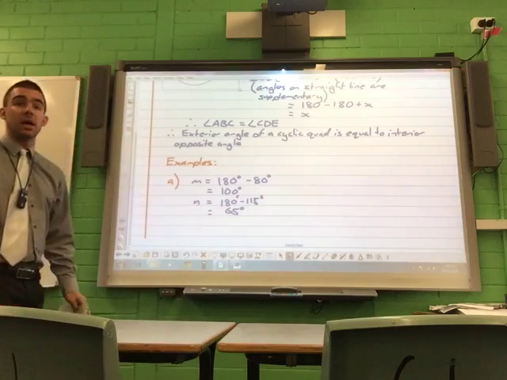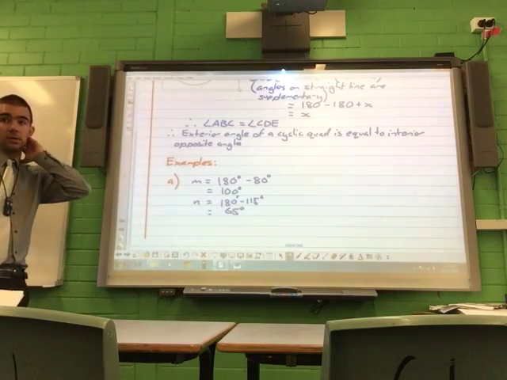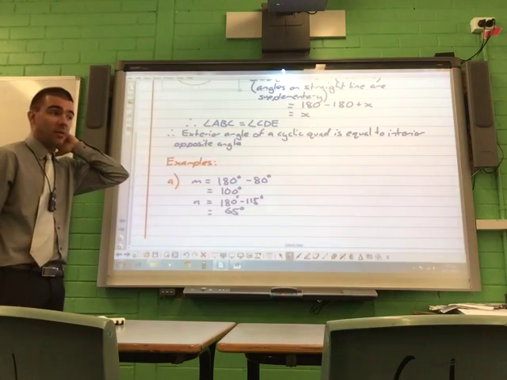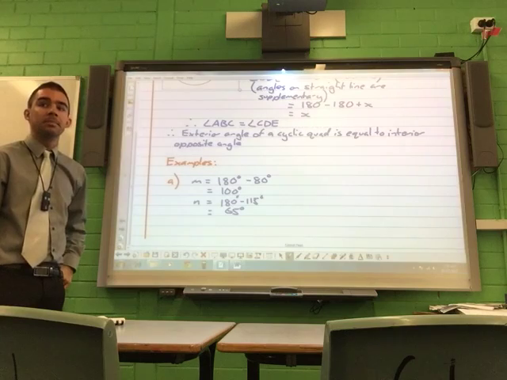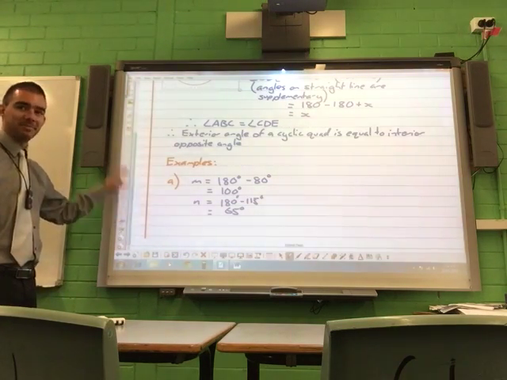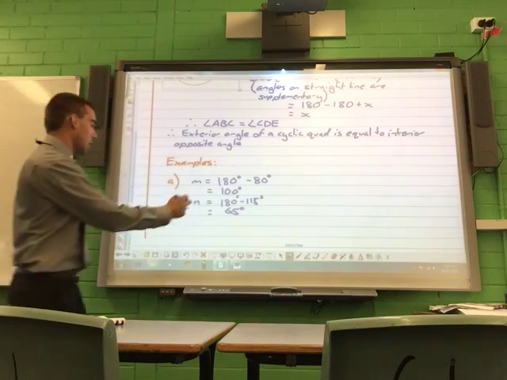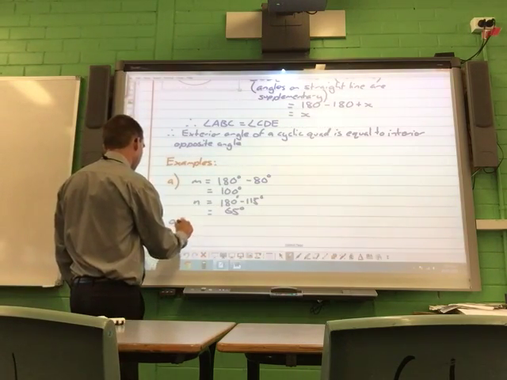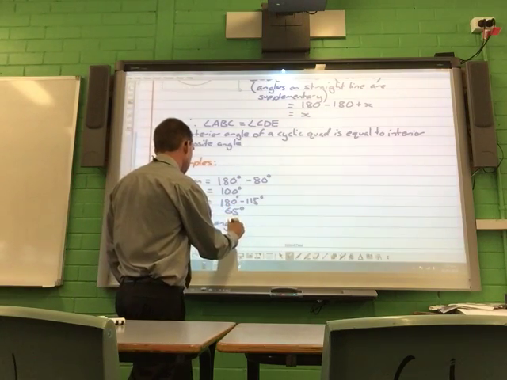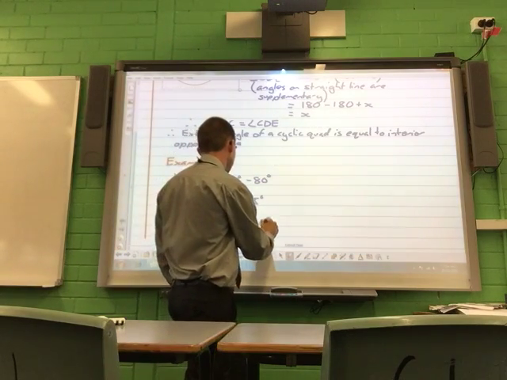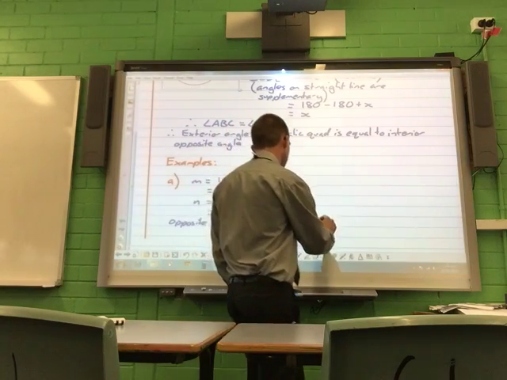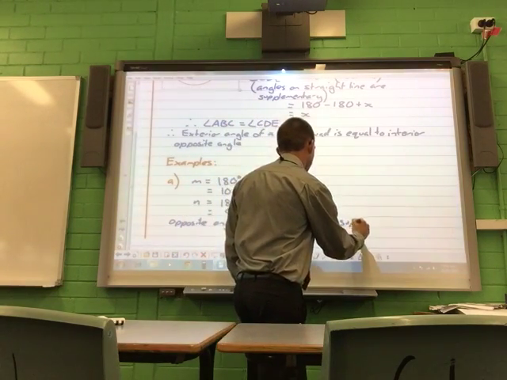Right, so I've been saying this every time. You need to state your reasons, please. The questions in your exercise are not asking you to do that, however I am asking you to do that, okay? So when you get up to the harder stuff, it'll be much easier. Opposite angles of a cyclic quad are supplementary.